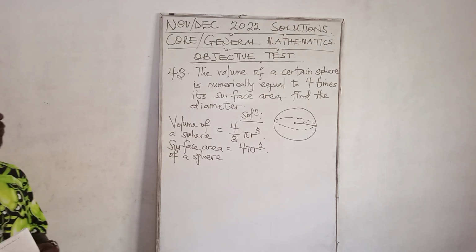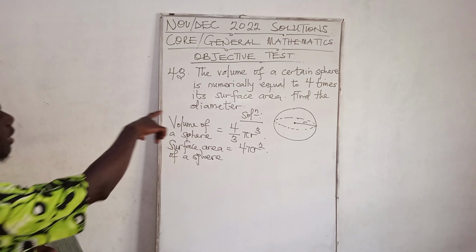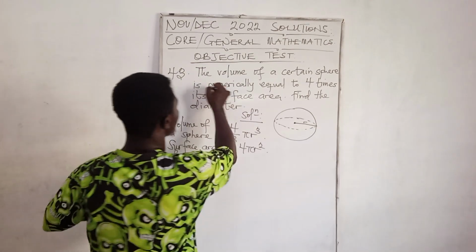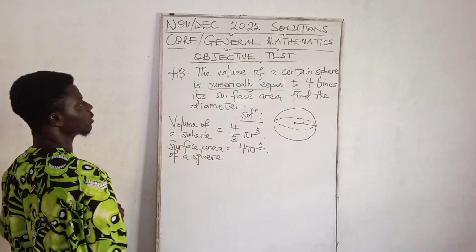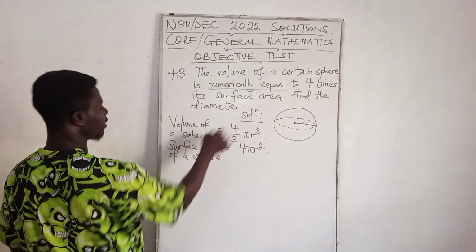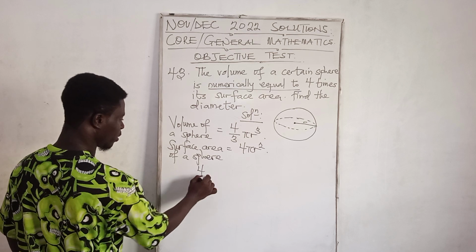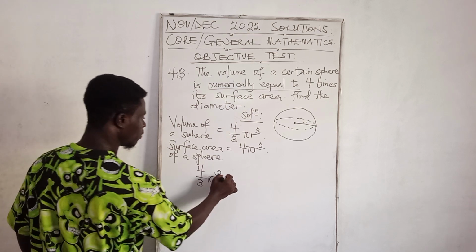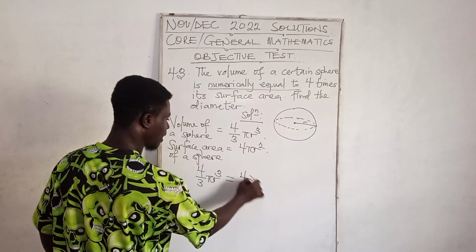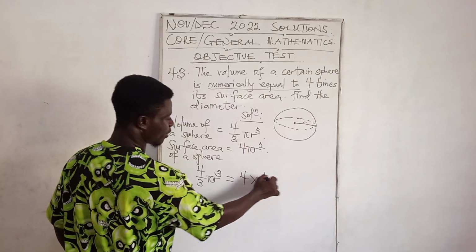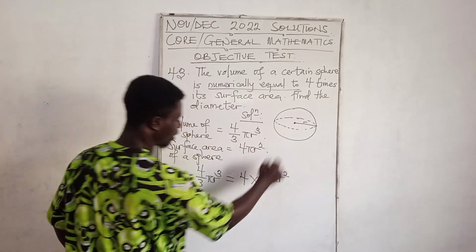So now they said we should find the diameter. We are saying that the volume is numerically equal to 4 times its surface area. So we take the volume, 4 on 3 pi r cubed, which must be equal to 4 times its surface area, 4 pi r squared.